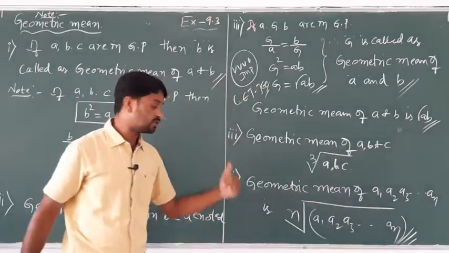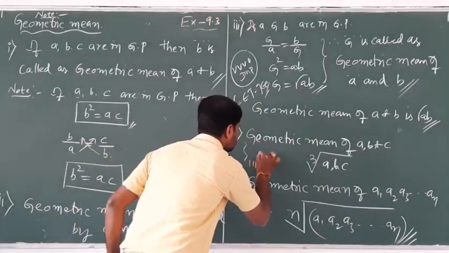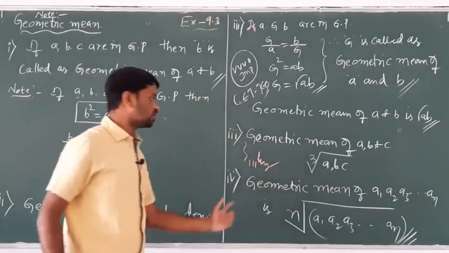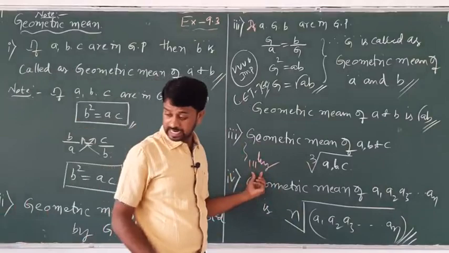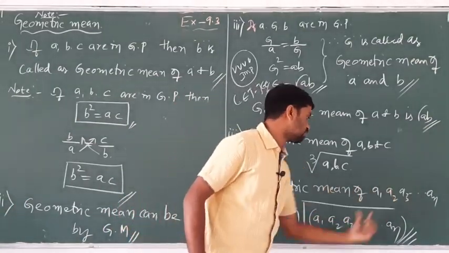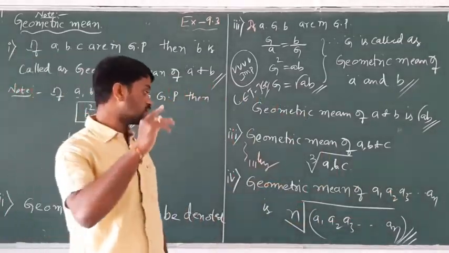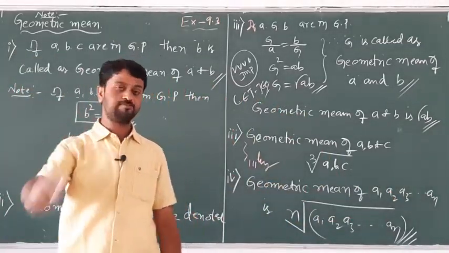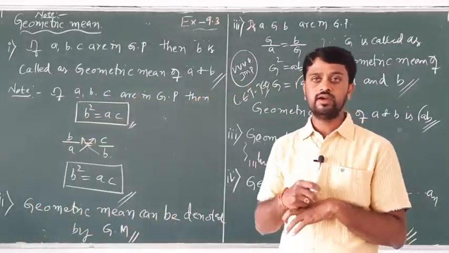Similarly, the geometric mean of A1, A2, A3 up to An is nth root over A1, A2, A3 up to An. The next point is one of the very important points.